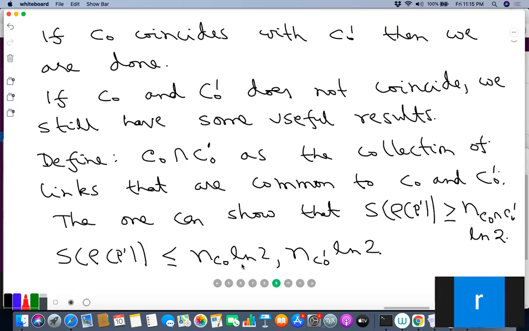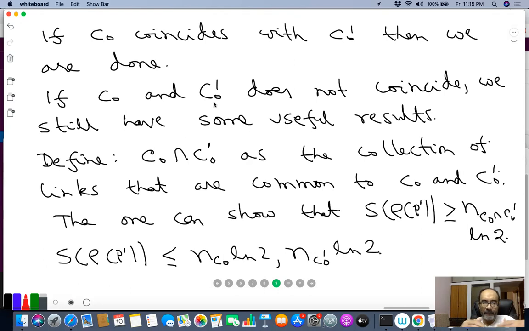So the statement that we made earlier, that if M and N are isometries then we have a minimal cut, is also subject to some condition. There is no cut for which M and N are common. If C0 and C0 prime coincide, then it works for that cut.